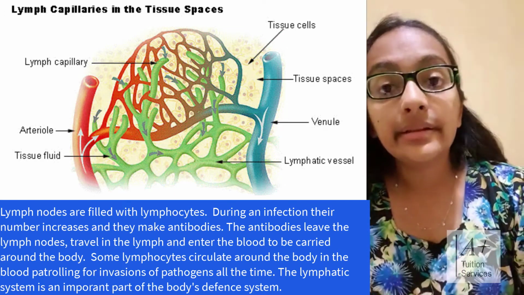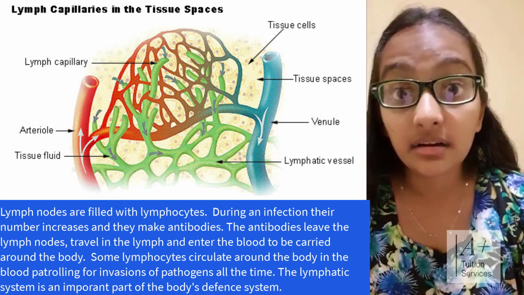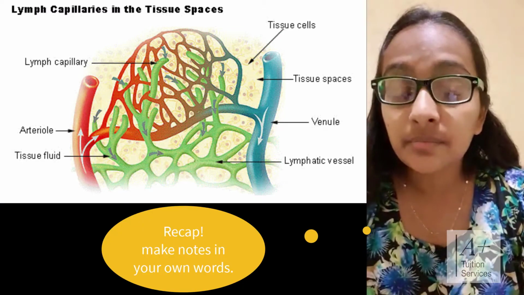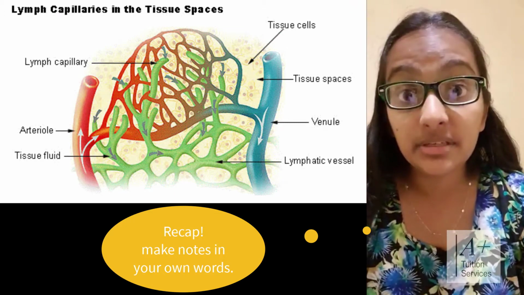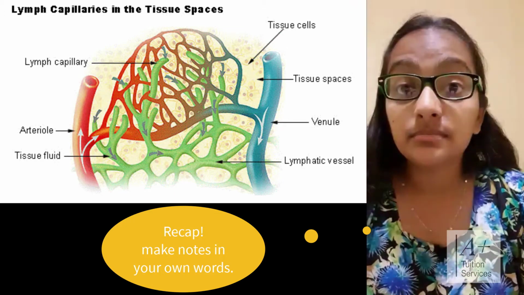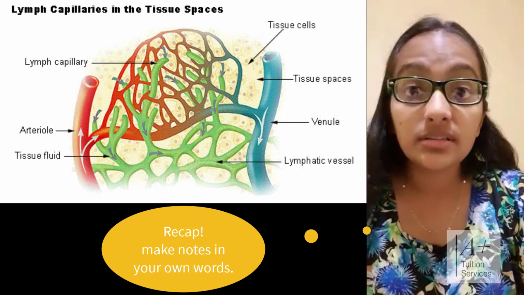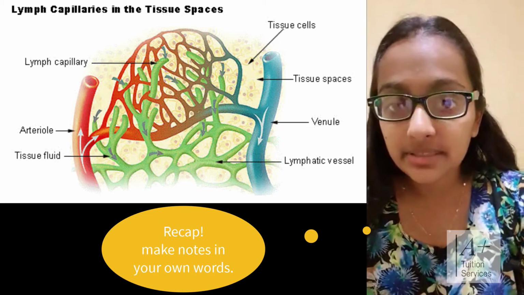In older people, you could see that there's swelling by the ankles, and when you press it, it kind of leaves an indentation. So this is edema, where the tissue fluid is collecting because the lymph capillaries are blocked. So that's just some points to note on how edema takes place.